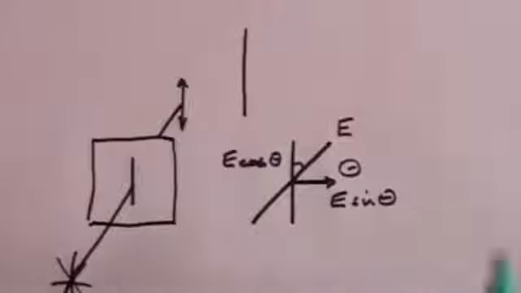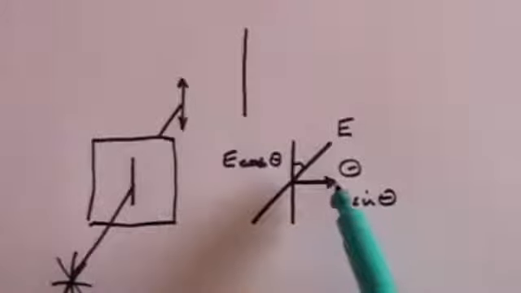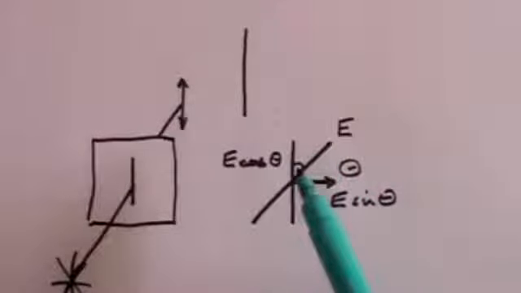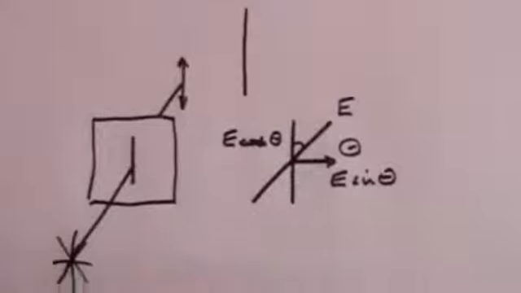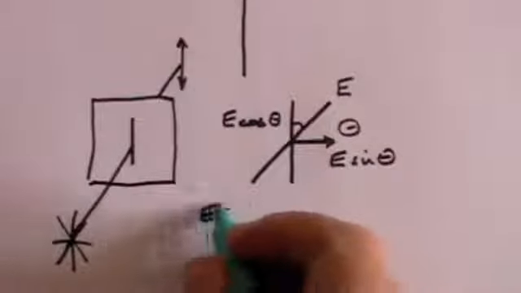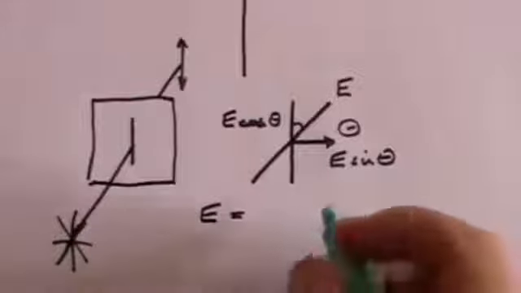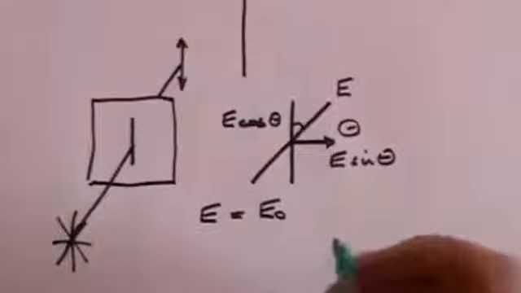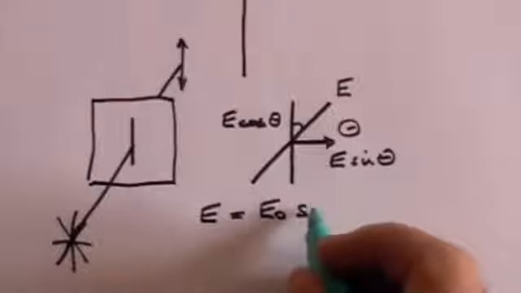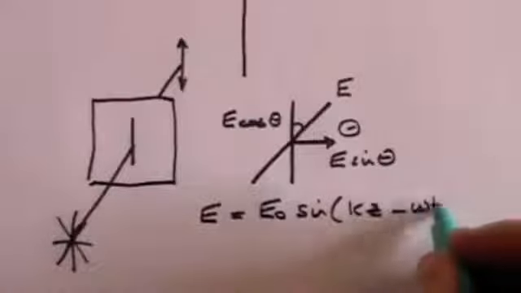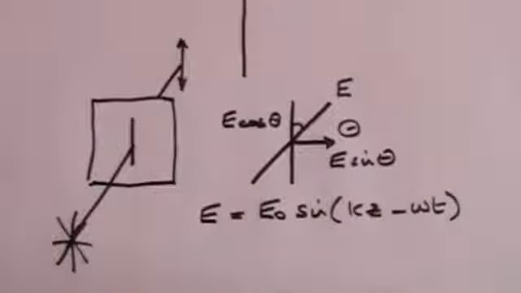But the argument is that the horizontal component gets wiped out by the polarizer and only the vertical component is allowed through. Now in the video What is Light, we said that you can represent the E field as an oscillating field, and we did that with a sine wave. So we said that was E naught, that's the maximum amplitude of the wave, times the sine of kz minus omega t.